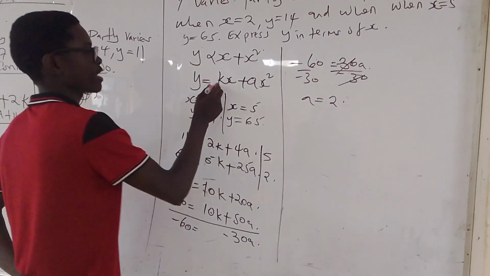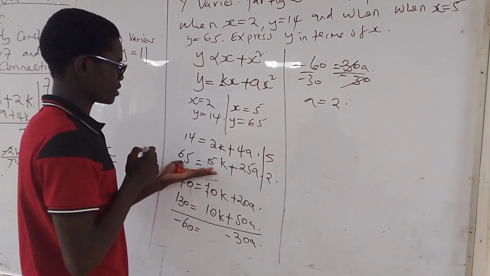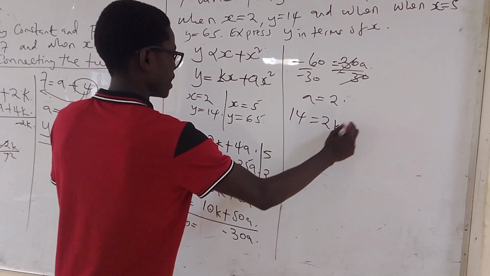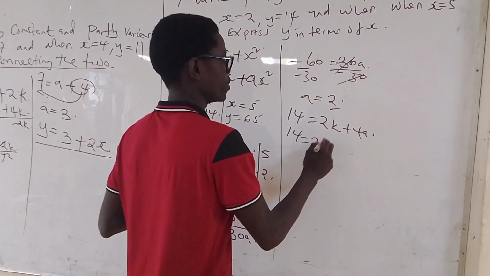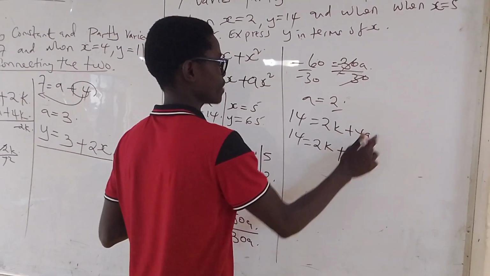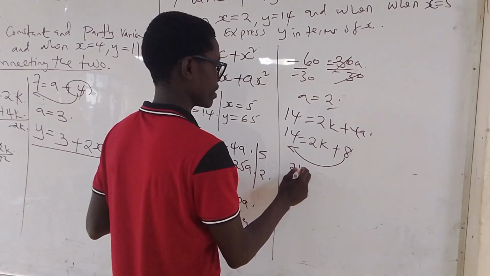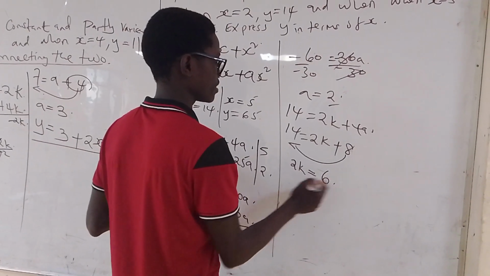So we need to get the value of K also. We use either of the two equations. Let's use this one. 14 equals 2K plus 4A. A is 2, right? 14 equals 2K plus 4 times 2, that is 8. This comes to the other side. So 2K equals 14 minus 8, that is 6.